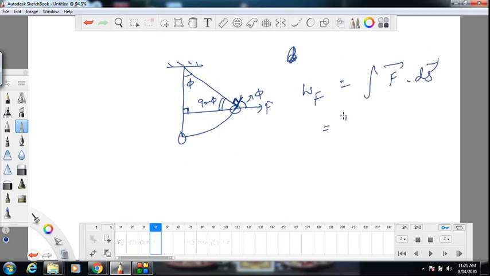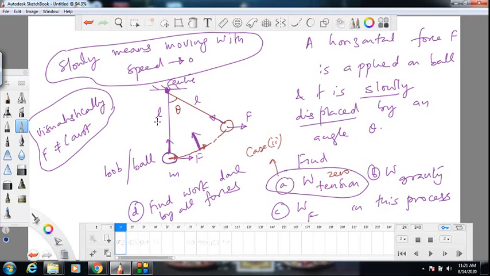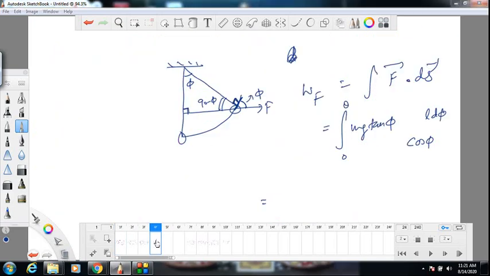Force value at some intermediate position we got as mg tan phi. Displacement we got L d phi. Angle between force and displacement is phi, so you should write cos phi, because when you do dot product, you write cos of the angle between them. And phi is ultimately going from 0 to theta, because finally the angle changes from 0 to theta.